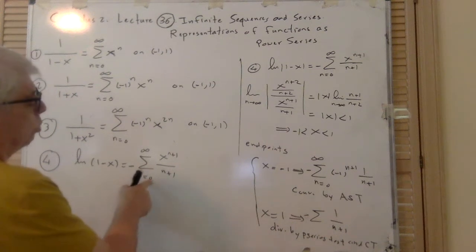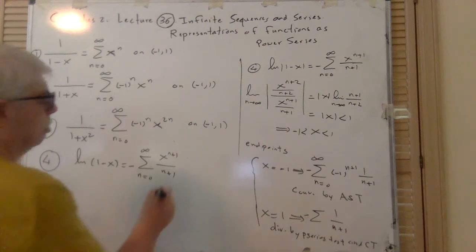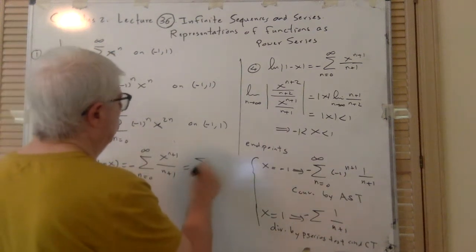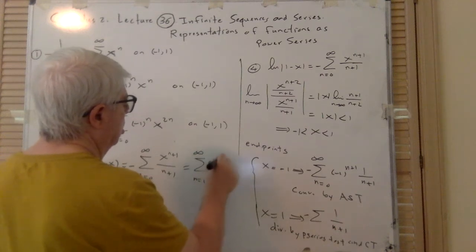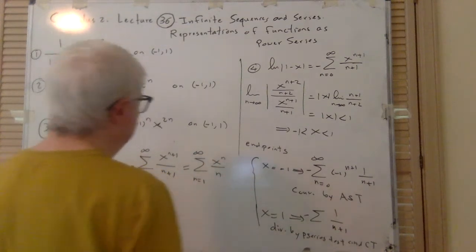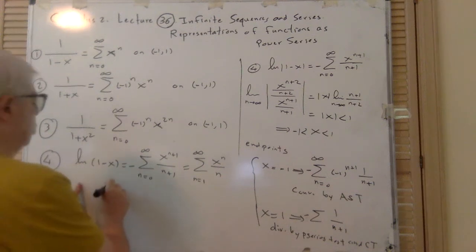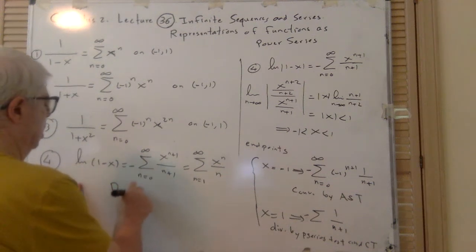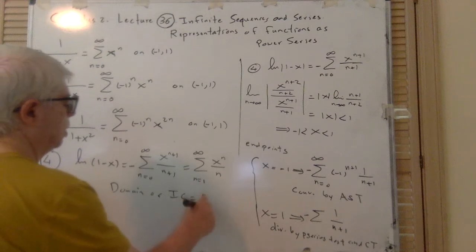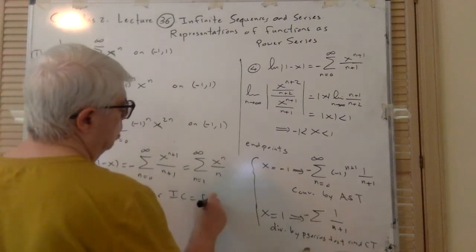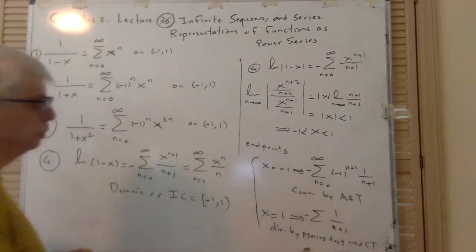You can start at 1 and write n here. So the domain or interval of convergence includes -1, doesn't include 1.